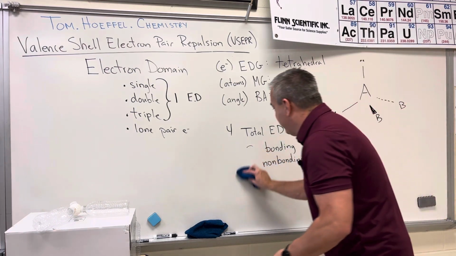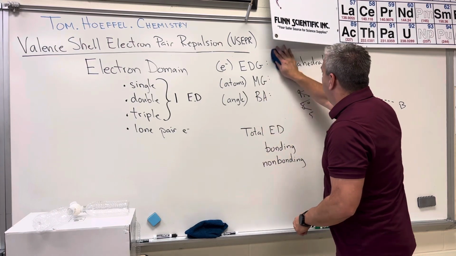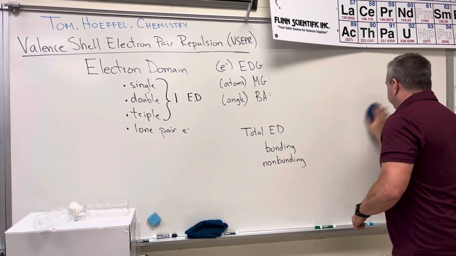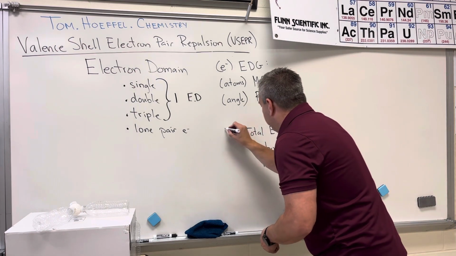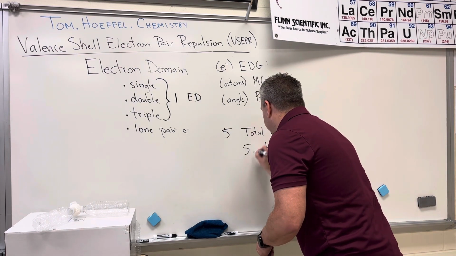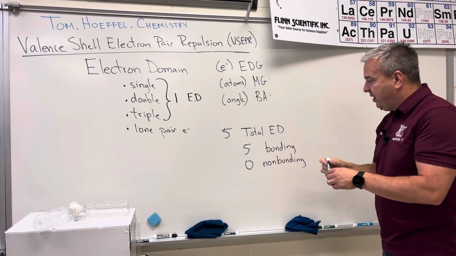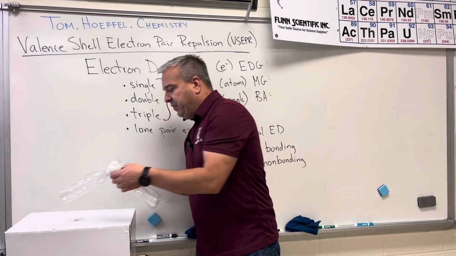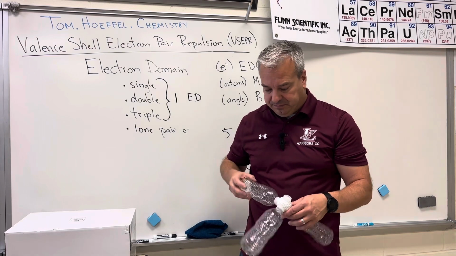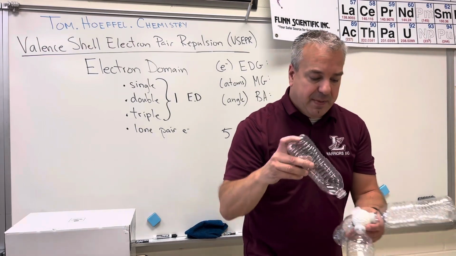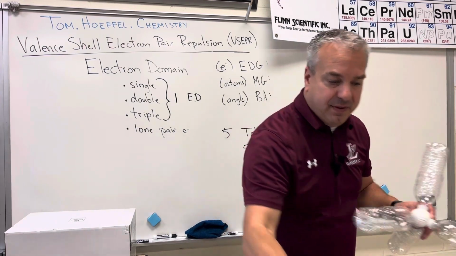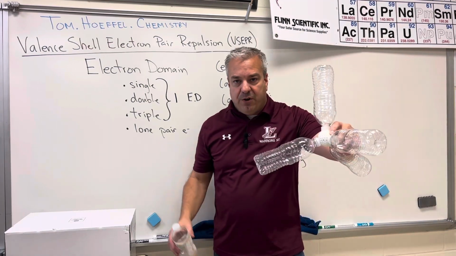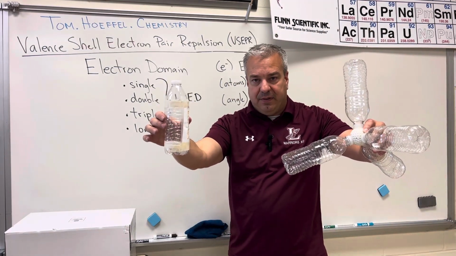So we're going to change this up. We're going to go all the way to 5 domains. So if we have 5 domains, 5 are bonding, 0 non-bonding. So let me put this back together and talk about, well, what would happen instead of having 4 domains, we wanted 5, okay?